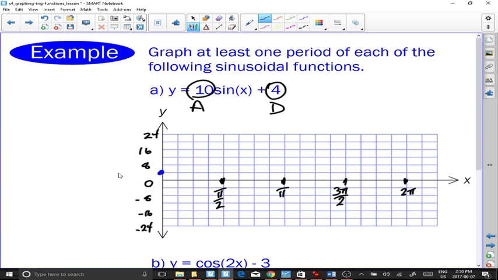So the amplitude is 10, so that means we're going up to 14. Now 14 would be right here, halfway up to 16.